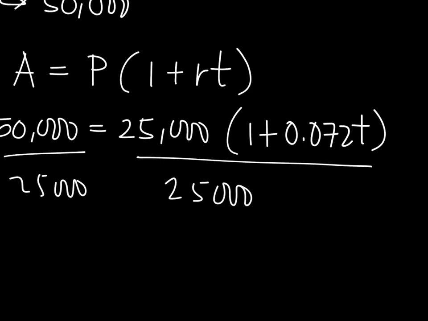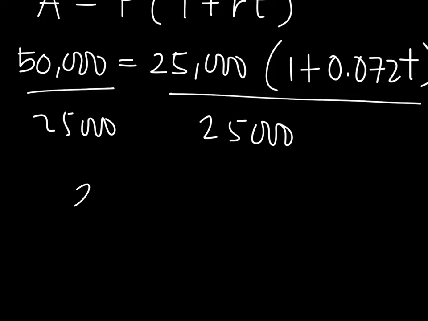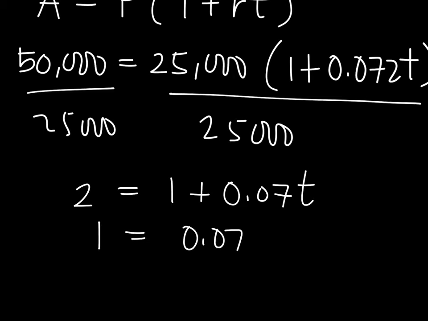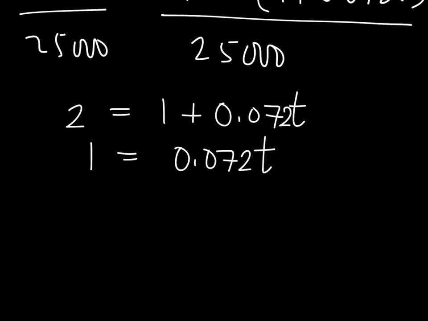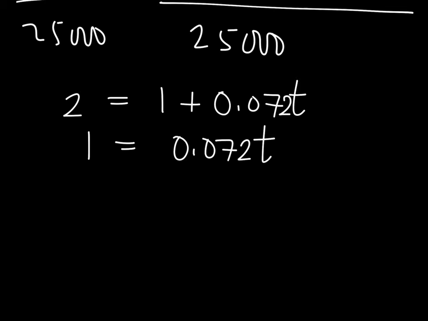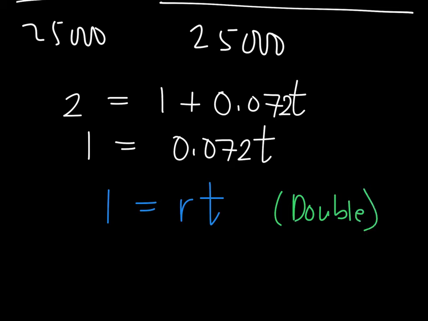you get 50,000 divided by 25,000, which is 2, and you have 1 plus 0.072t. By transposing 1, that's 2 minus 1 equals 0.072t. And that's exactly what the formula was telling us earlier, that 1 equals the rate times the time, whenever we are interested in the time when the principal amount has already doubled its value.